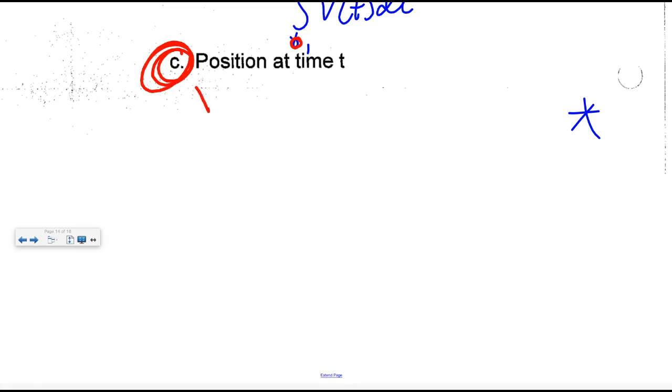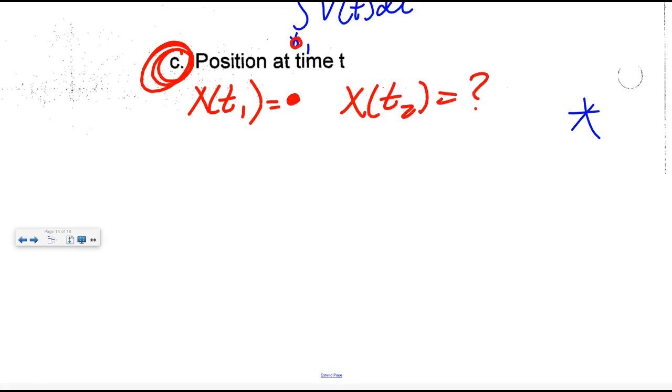So usually you're given like, I'm just going to put an 8 here. I'm going to leave it formulaic. So usually they'll say, where are you? They'll give you this. I'm just going to put a dot here. And they'll ask you where you are at some other time. So what you need to do is you have to say, well, where am I starting?